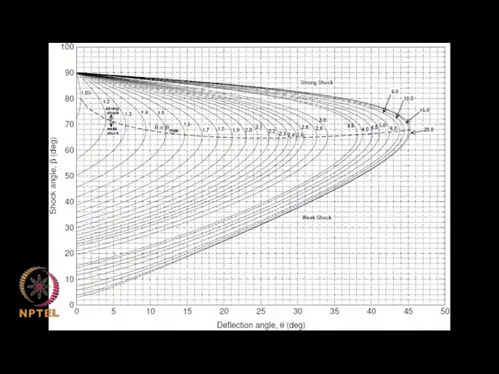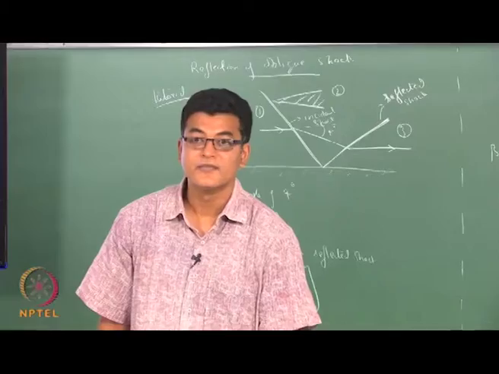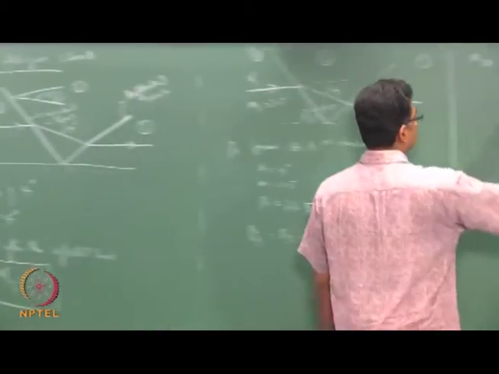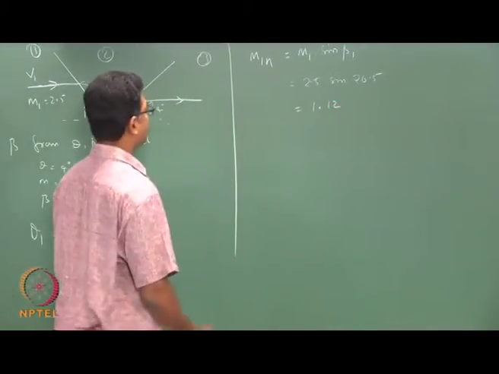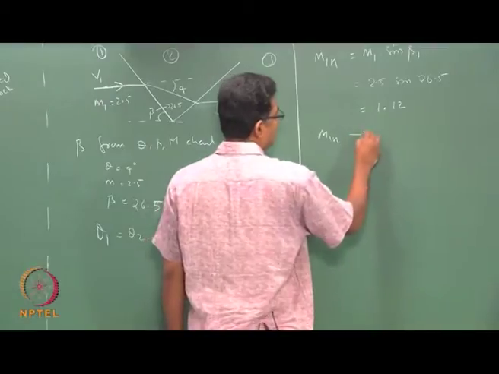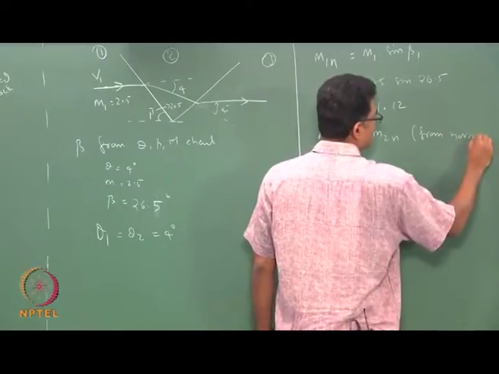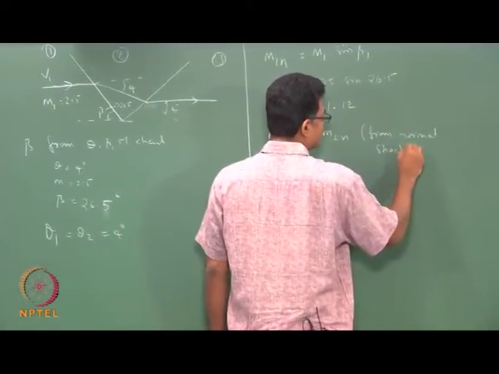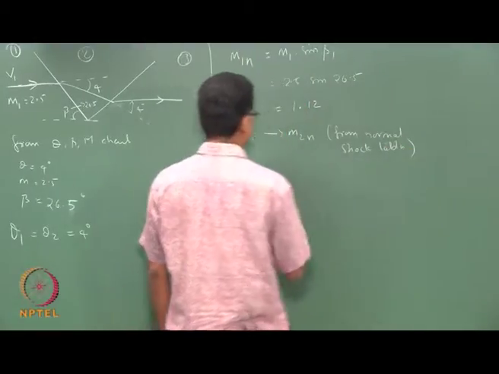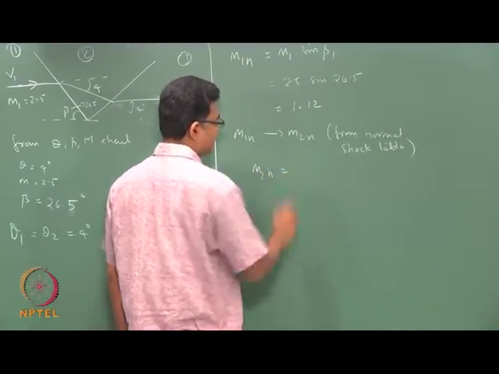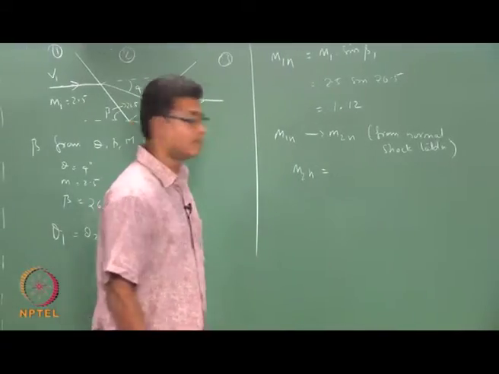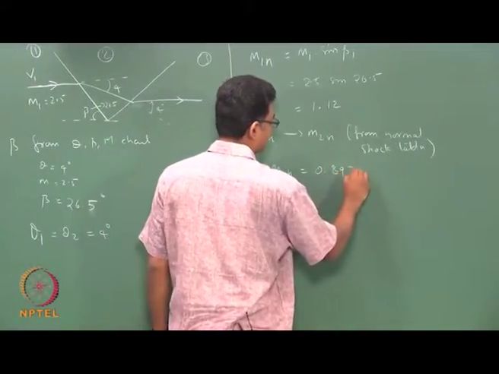That is 1.12. If I know M1n, I can get M2n from normal shock tables. So my M2n is 0.897.